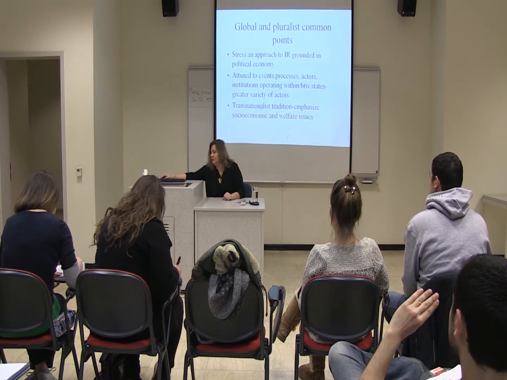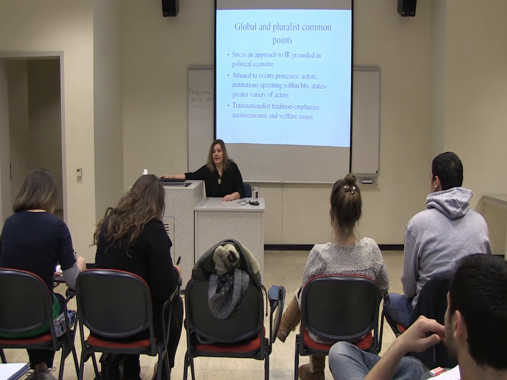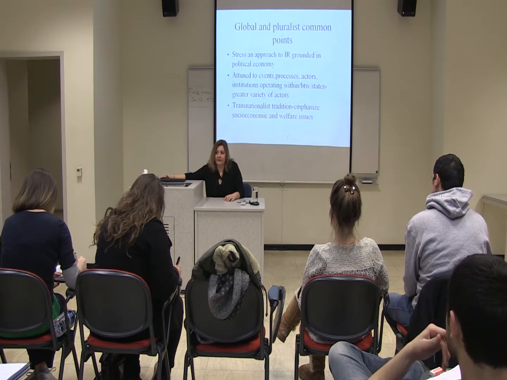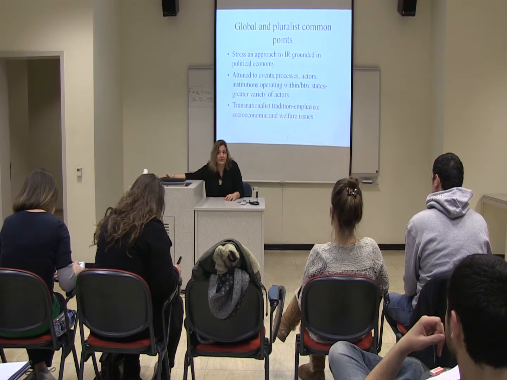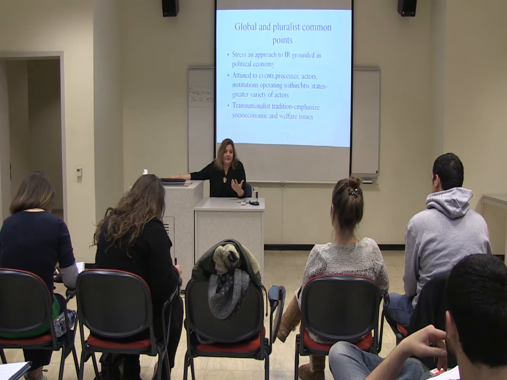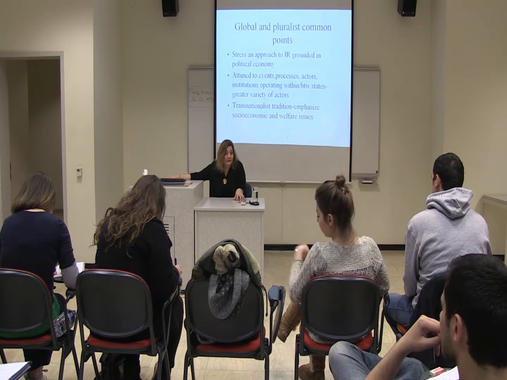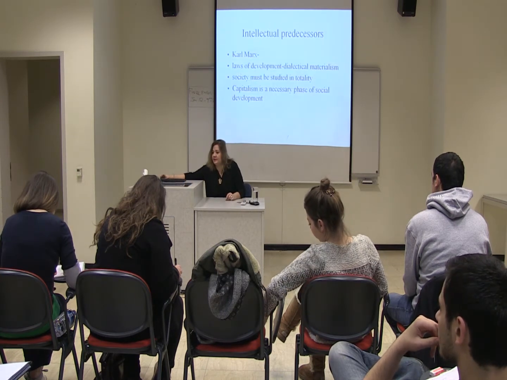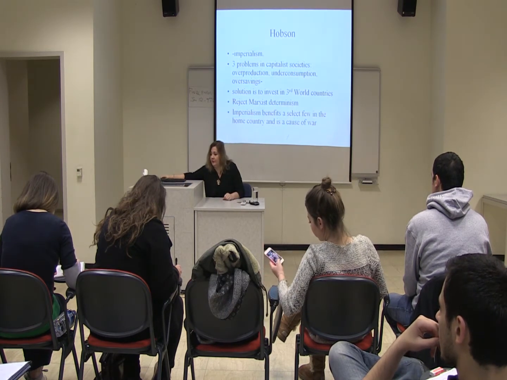Both the globalists and the liberals emphasize the transnational character of international politics. And once you talk about transnational character, it's not necessarily only the systemic determinants that play an important role, but the social and economic groups that cross-cut boundaries become important actors. We already know that.